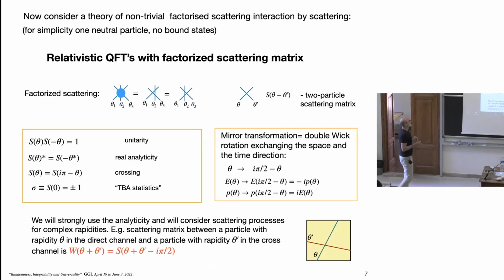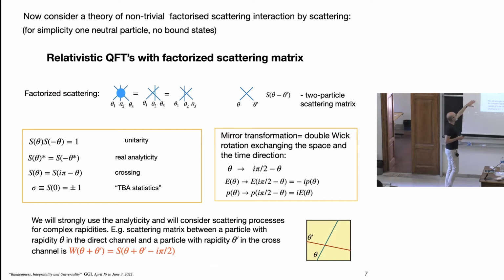Now let us go to the scattering theory. And this is a flash of what is theory with factorized scattering. So here you have a scattering matrix which factorizes into 2 particle scatterings.